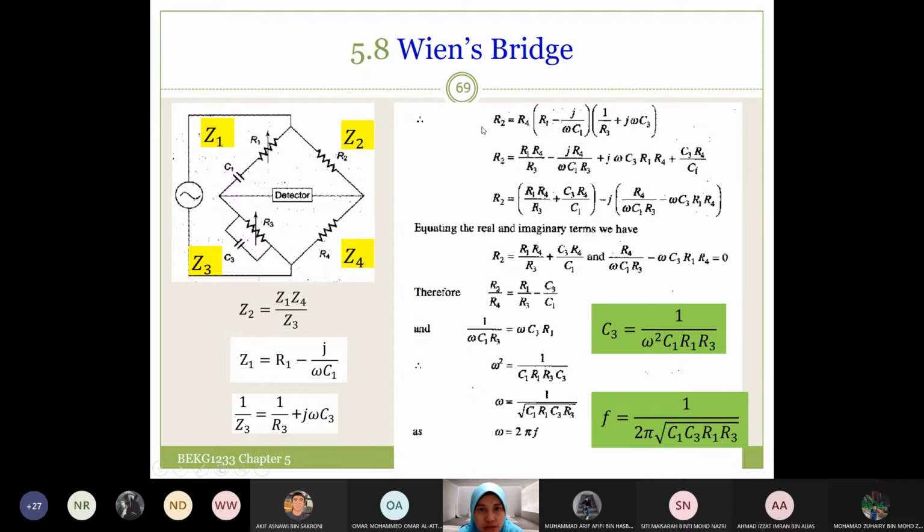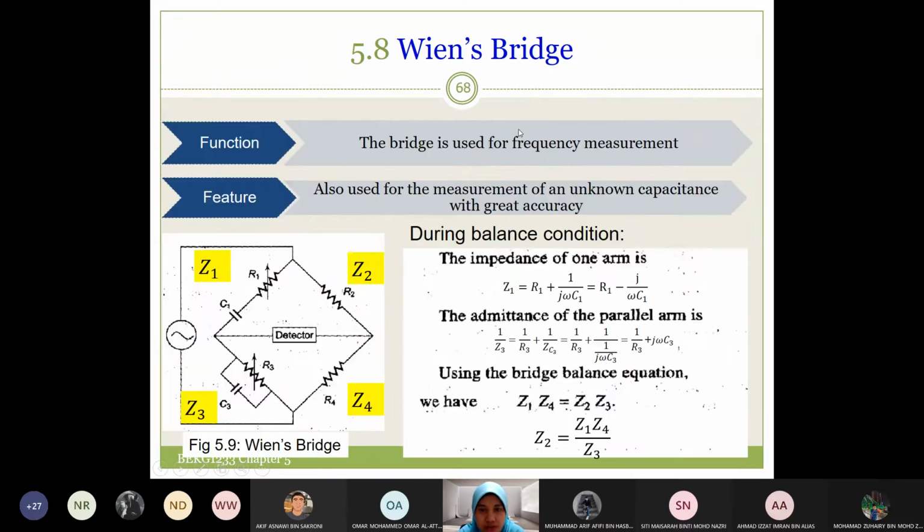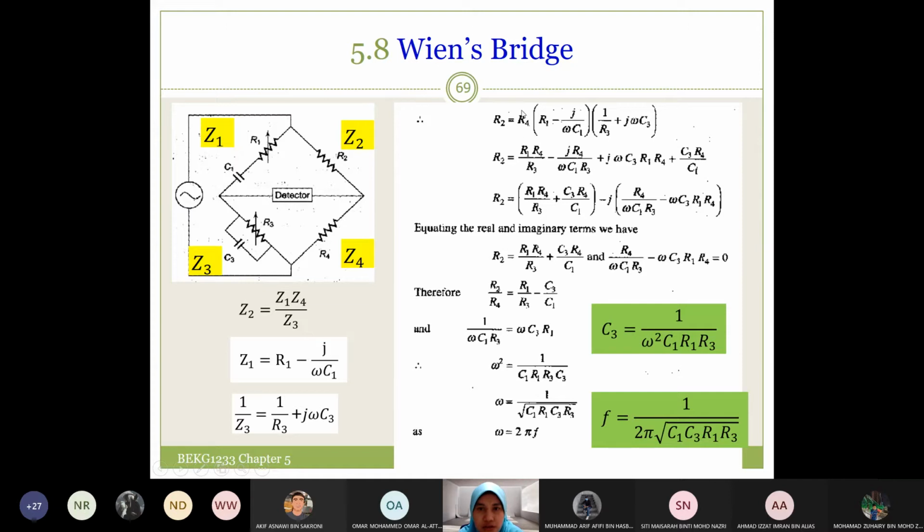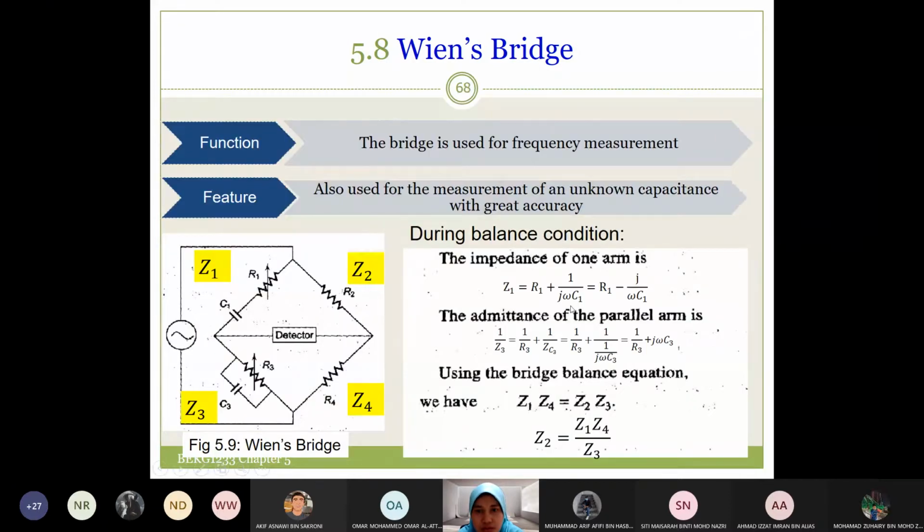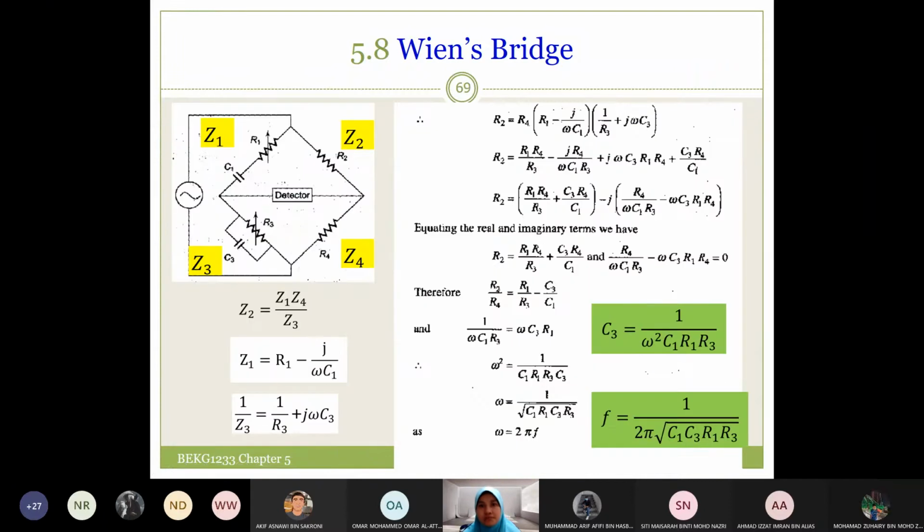So Z2 is equal to R2, and then this is Z4, right? Z4 multiplied with Z1. Z4 is equal to R4, and then multiply with Z1. Z1 is equal to this, R1 minus j over omega C1.